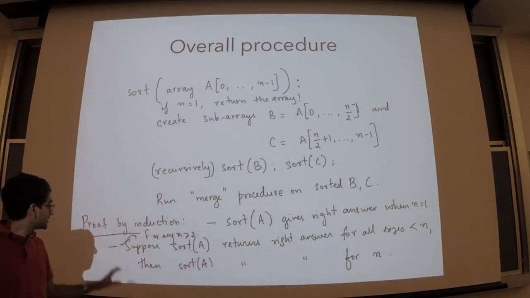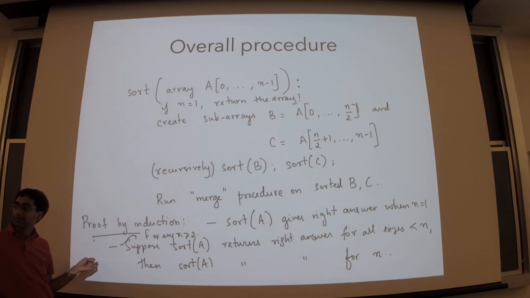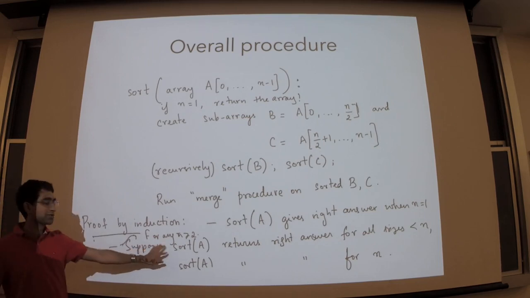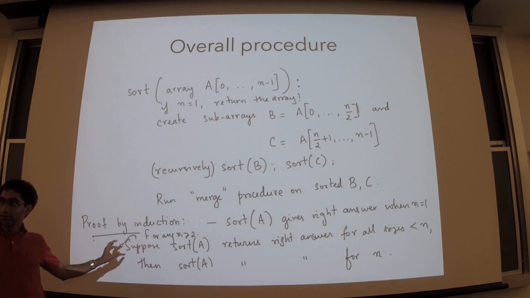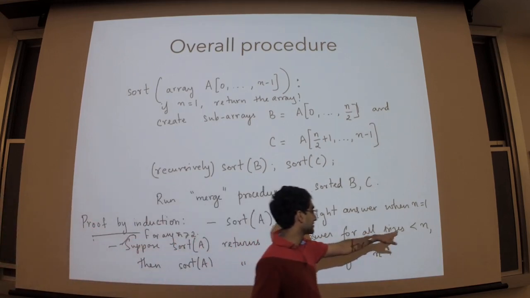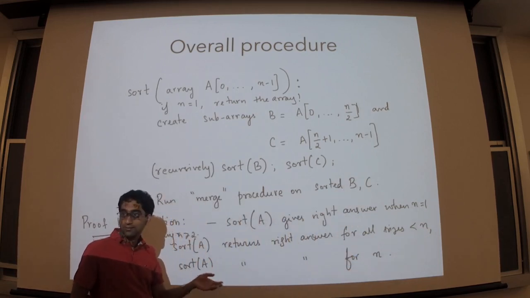So this is the base case, this is the inductive step. Where's the assumption? That's what I know about induction, that you make an assumption and prove it. Right. So the suppose is like an assumption. You assume that sort of A returns the right answer for sizes less than n, and you show it for n.